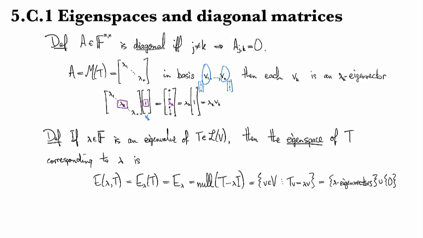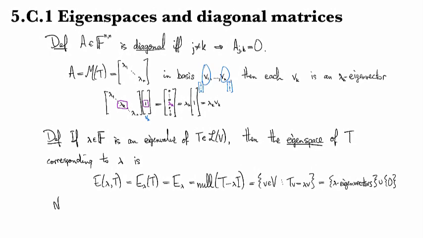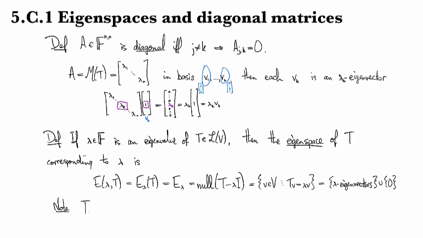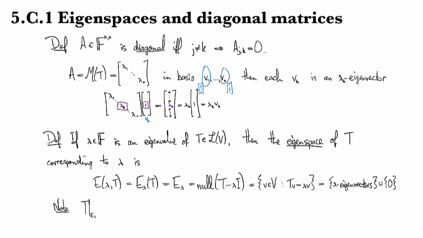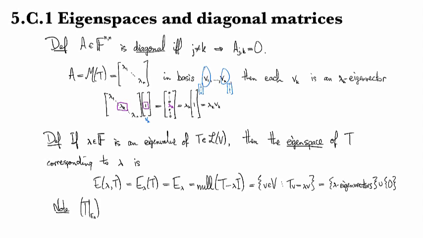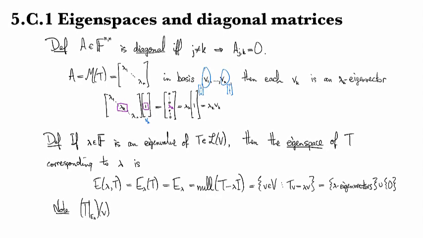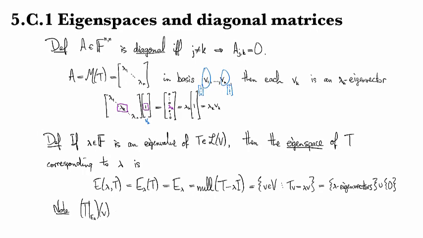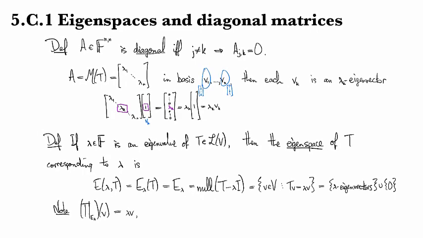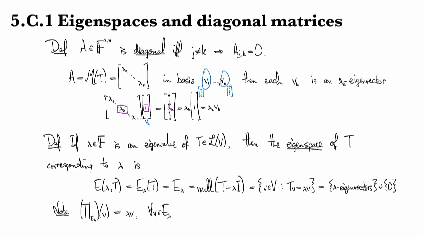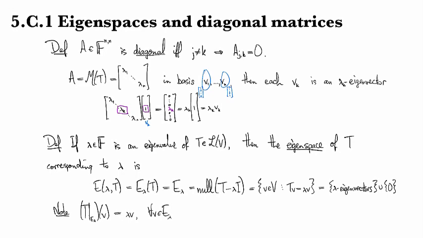Okay, so notice then that if we take T and we restrict it to the lambda-th eigenspace, then when we apply it to v, some element from the lambda-th eigenspace, then it just scales by lambda.